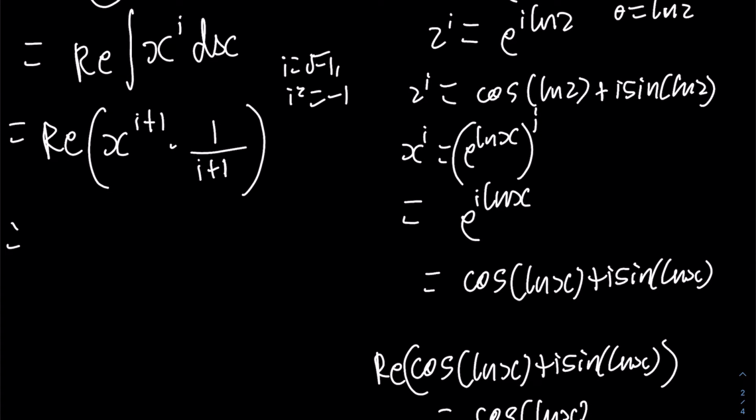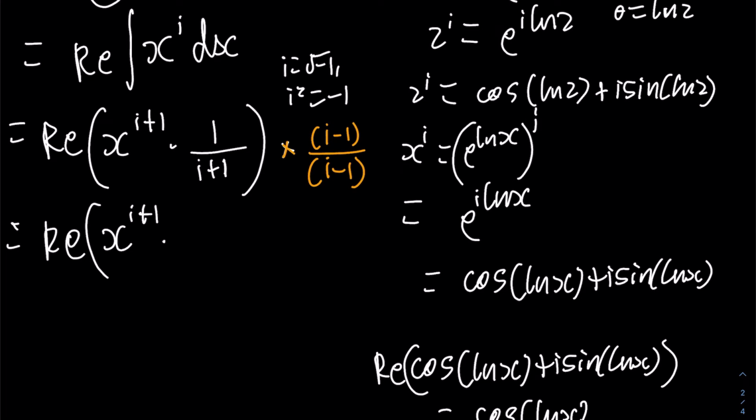So this is now equal to the real part of x to the i plus 1 multiplied by, and we're multiplying by the conjugate of that, which is i minus 1 over i minus 1.